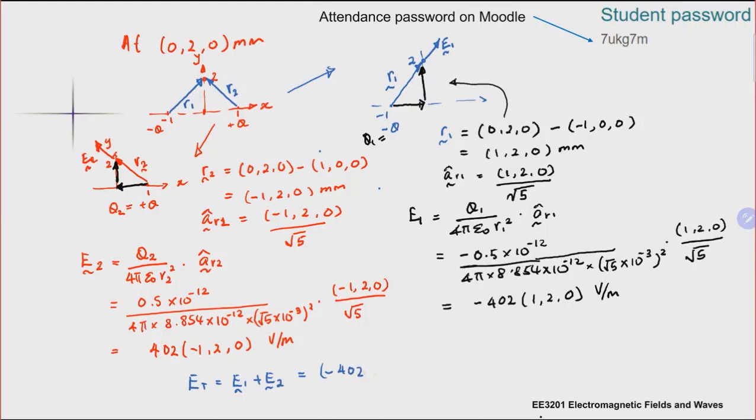It will be minus 402 minus 402, which is minus 804, 0 plus 0.